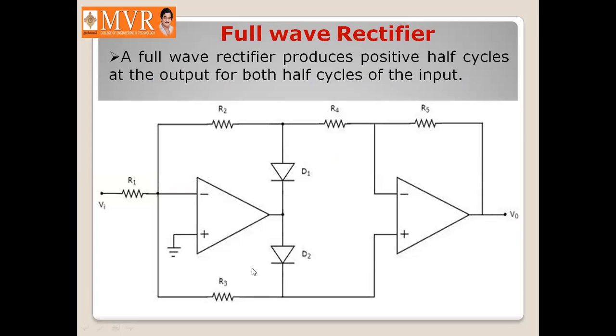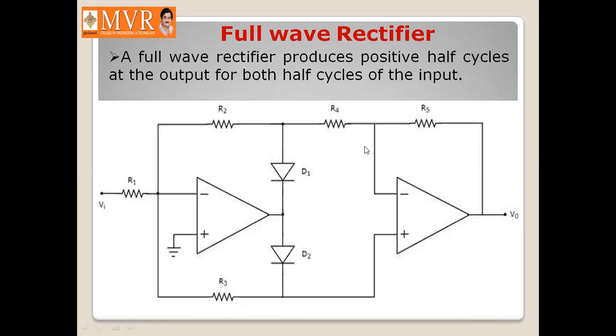As diode D2 is reverse biased, there will be no voltage at this node. And as we know, due to the virtual ground concept, as this terminal is grounded, the voltage at this node is also zero. Hence the non-inverting terminal of the second op amp is also grounded.